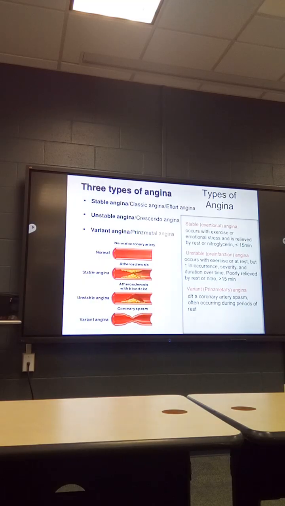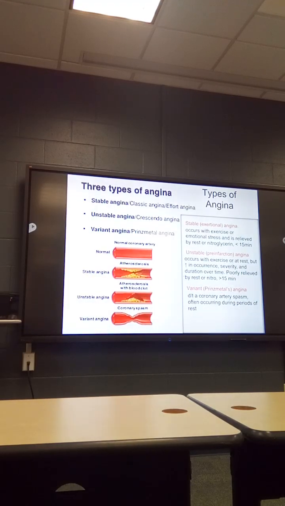Unstable angina is when that pain lingers for more than 15 minutes, even with nitro. So you take your nitro and you still have pain after 15 minutes, or you go in and relax somewhere and the chest pain lasts for more than 15 minutes.